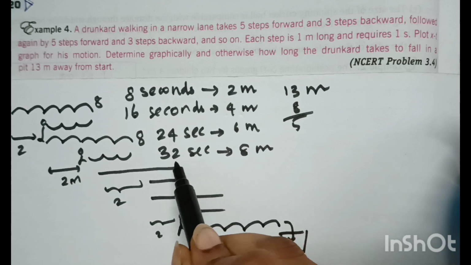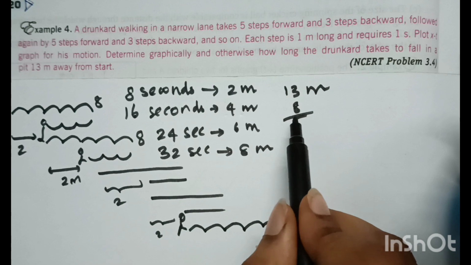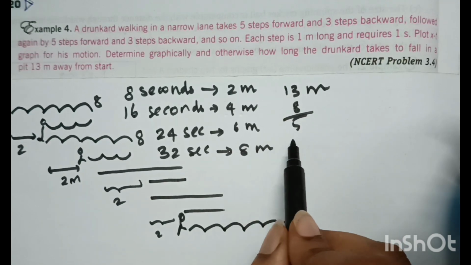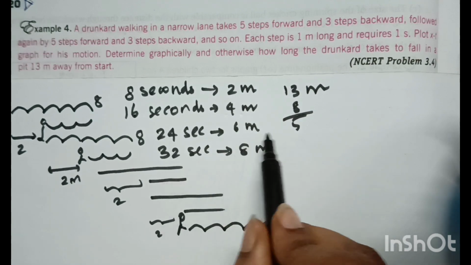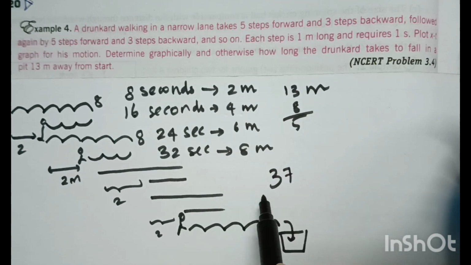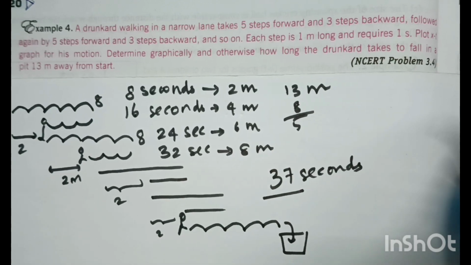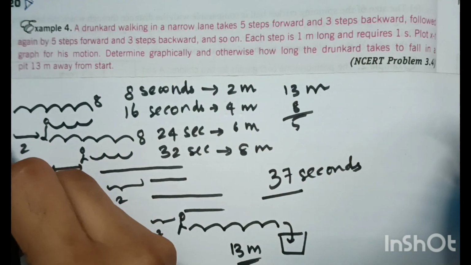Already in 32 seconds he covered 8 meters. Next he took only 5 steps because he won't be returning back. 5 steps means 5 meters, 5 meters means 5 seconds. So 32 plus 5, 37 seconds. He must have taken 37 seconds to fall in the pit, which is 13 meters away from the initial position.